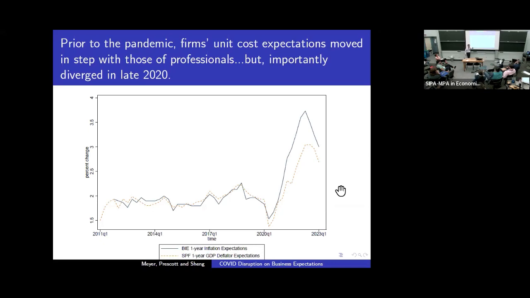Now let's dig into some details in the pandemic period. At the beginning of the pandemic, firms dropped their year-ahead unit cost expectations a lot. This is the sharpest decline we have on record going back to 2011. And this matches up with those of professionals.